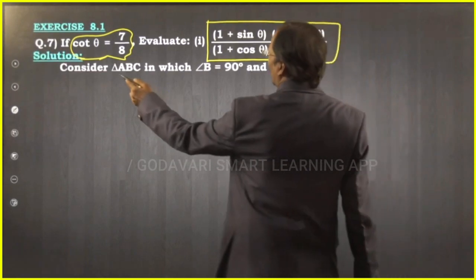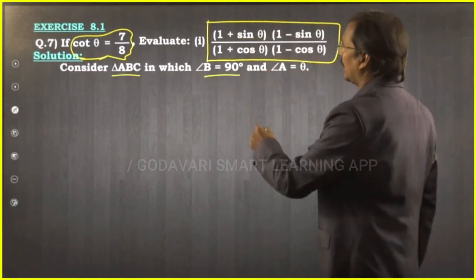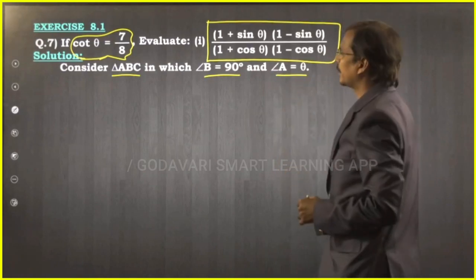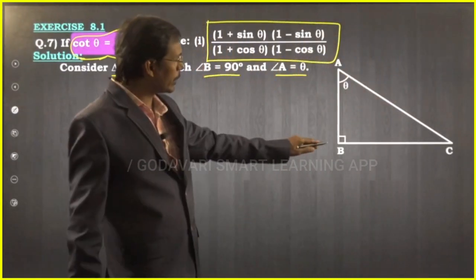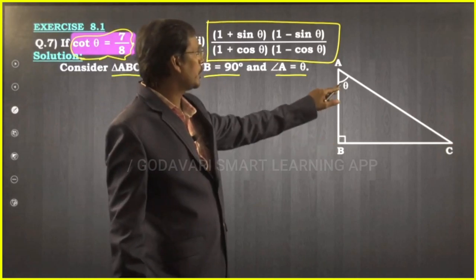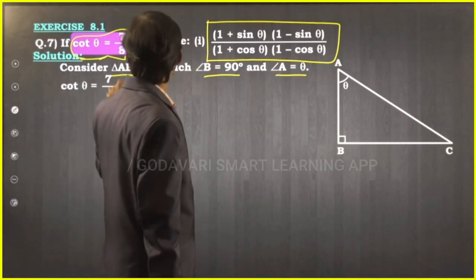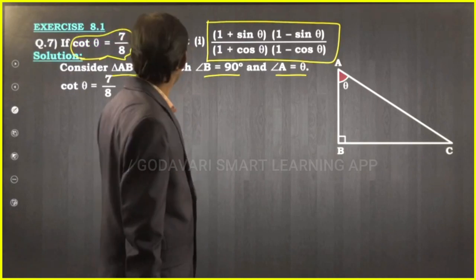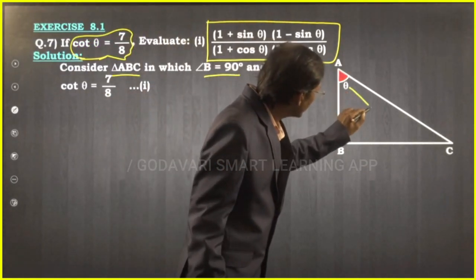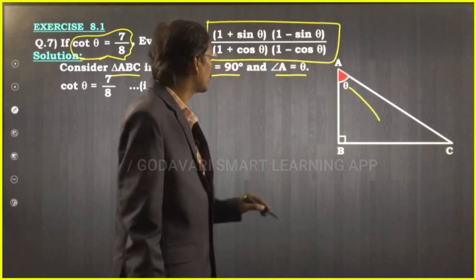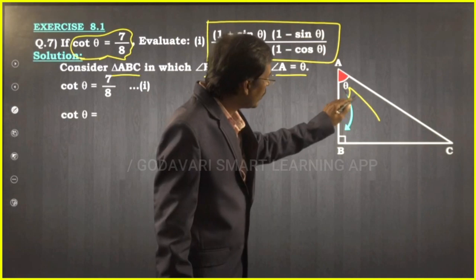Consider right angle triangle ABC in which angle B is equal to 90 and angle A is equal to theta. So draw a right angle triangle, with B as the right angle, and let us suppose angle A is equal to theta. So here cot theta is equal to 7 by 8 is given. Cot theta from angle A is equal to adjacent side by opposite side.